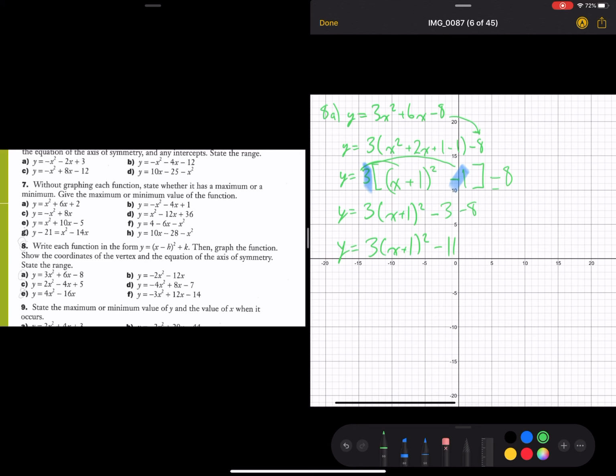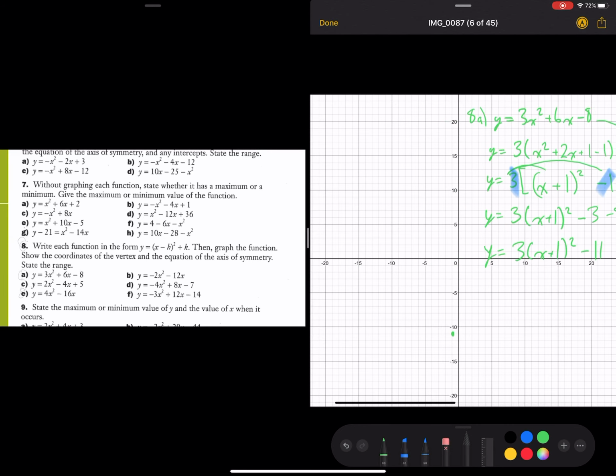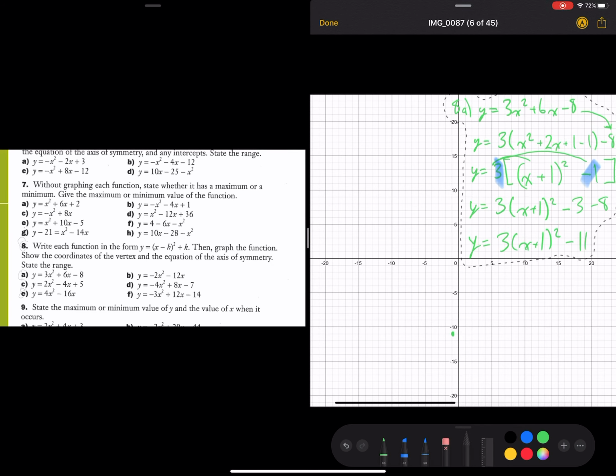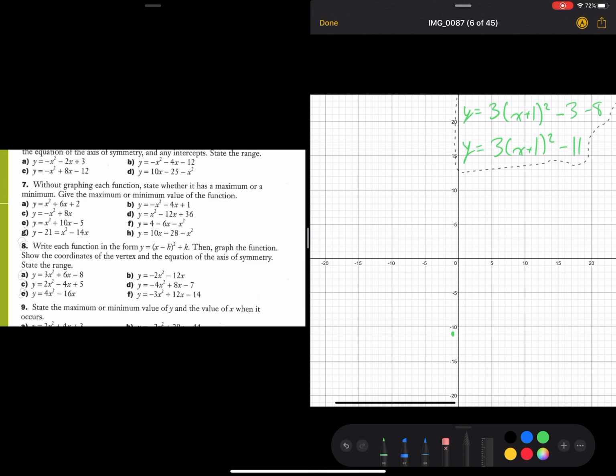Write a function, then graph the function. Show the coordinates of the vertex and the equation of the axis of symmetry. All right, we're going to open upwards. Over here is our vertex. Let's move this out of the way. In fact, what's important is that last bit right here.